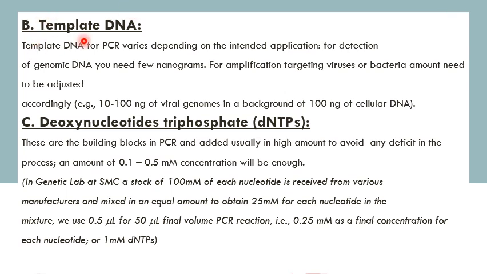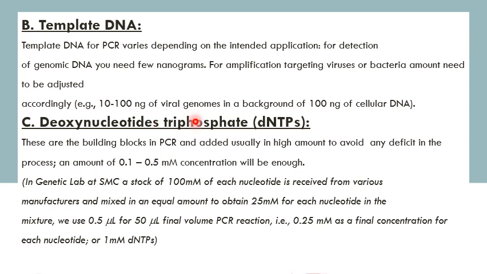So you have to adjust it. Once you have a high yield of extracted DNA, you just need to dilute it and put it in the reaction. You will also need the dNTPs, as we said, and they should be in excess, in a high amount, so you avoid deficiency in the process.